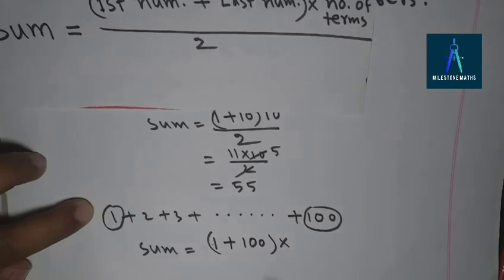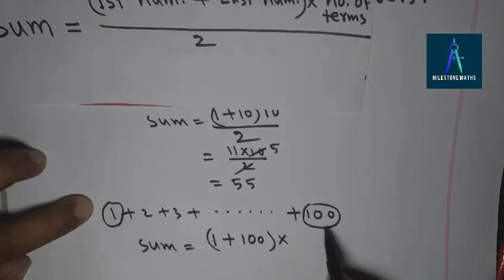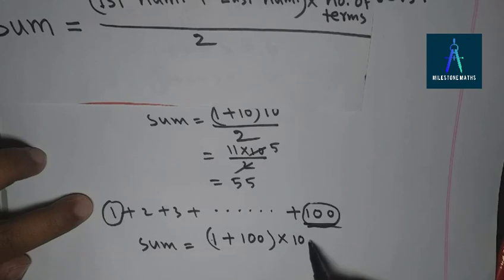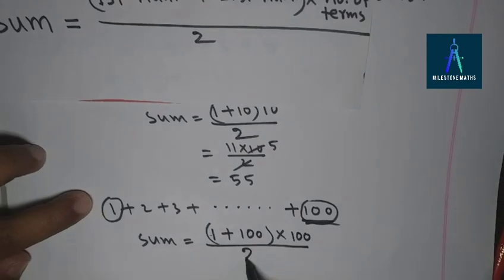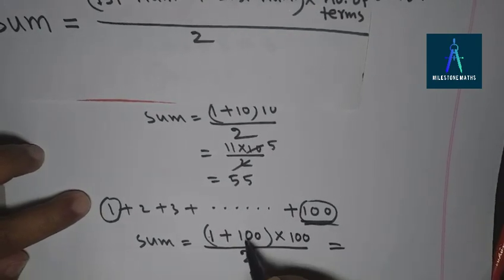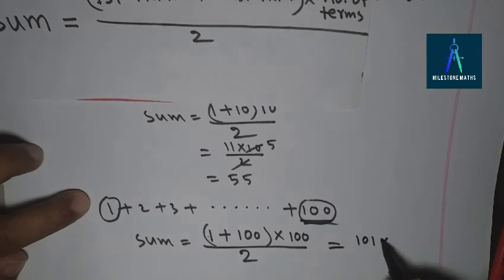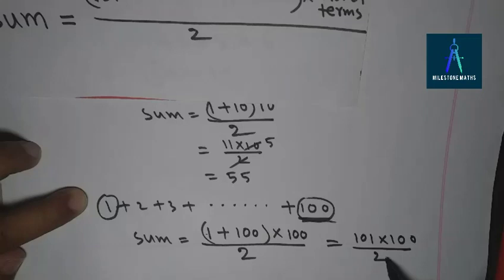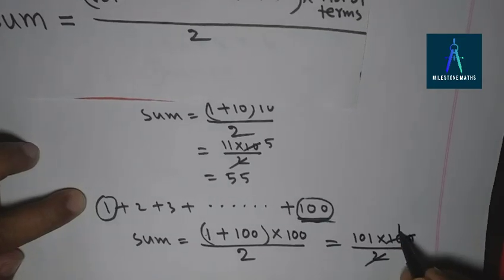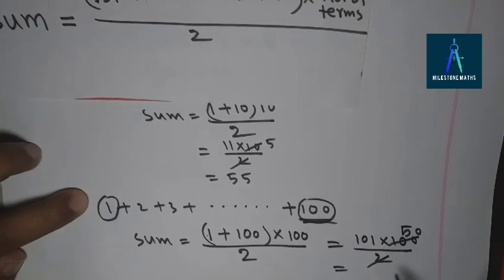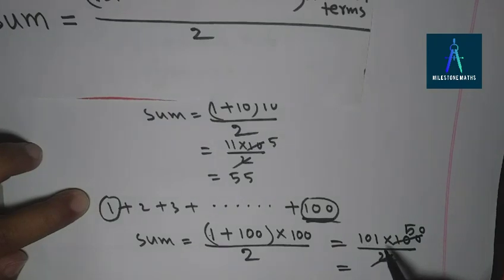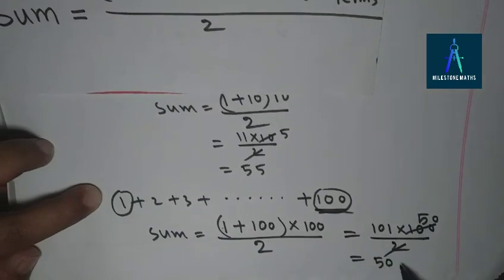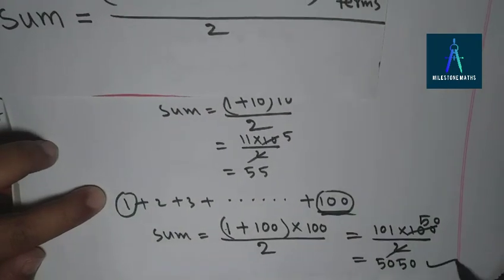How many terms here? Here number of terms is 100. So we'll write here 100 divided by 2. Then 100 plus 1, 101, multiply 100 divided by 2. Then 2 and 100 if we cut, we get 50. Then 50 multiply 101 will get 5050. That is the answer.